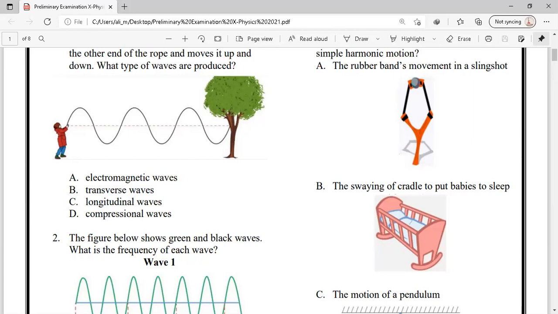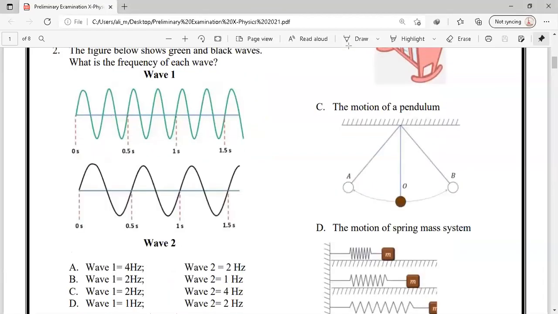So we have the correct answer in option A, the rubber band's movement in a slingshot. The movement of a rubber band is not a type of simple harmonic motion. So the correct answer for question number 3 is option A. Let's move to our next question.